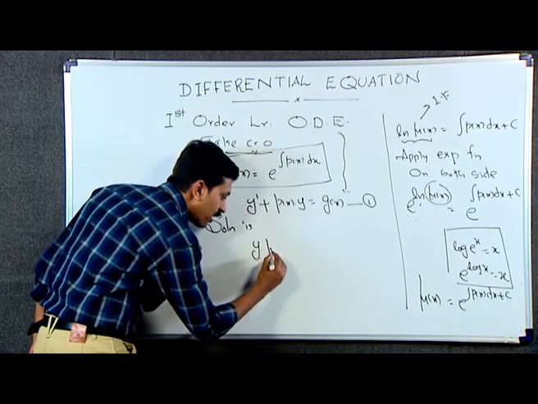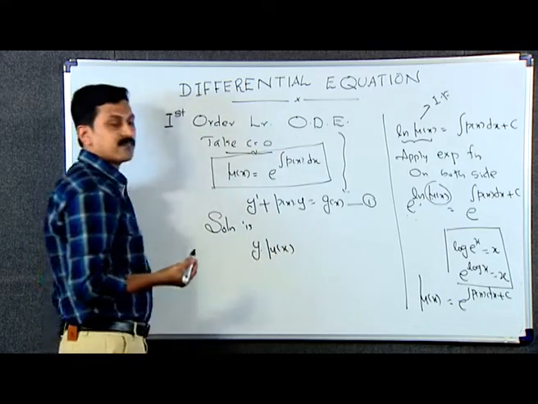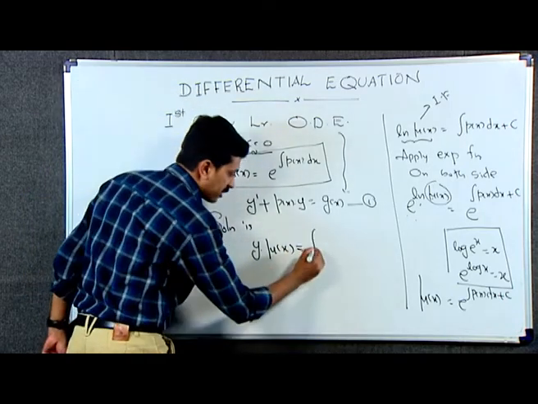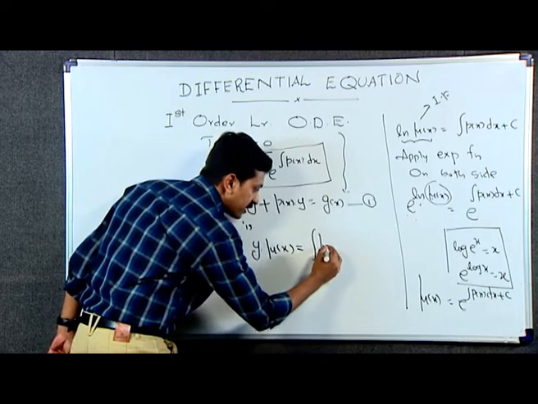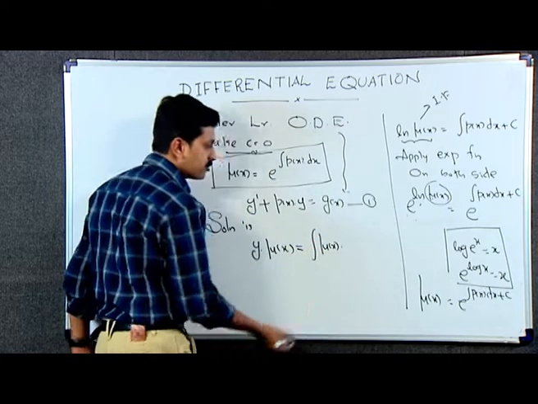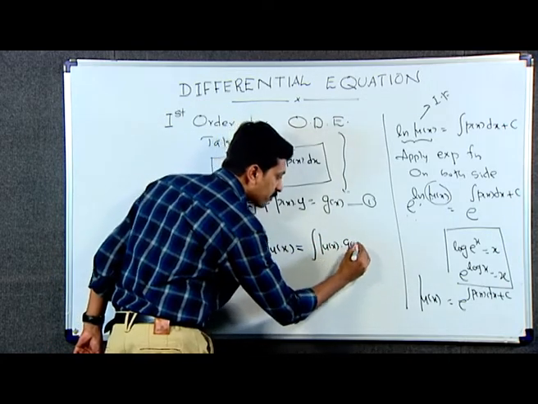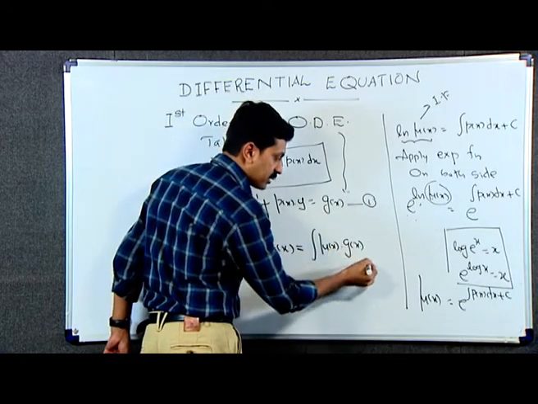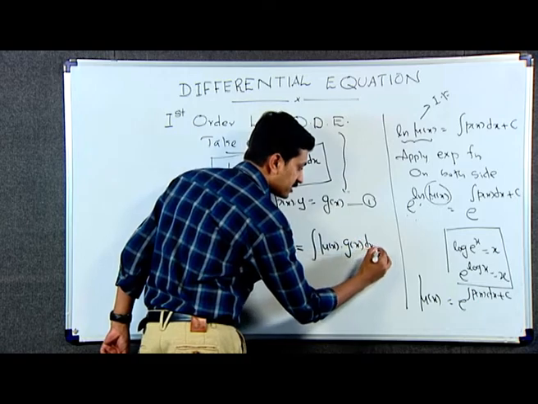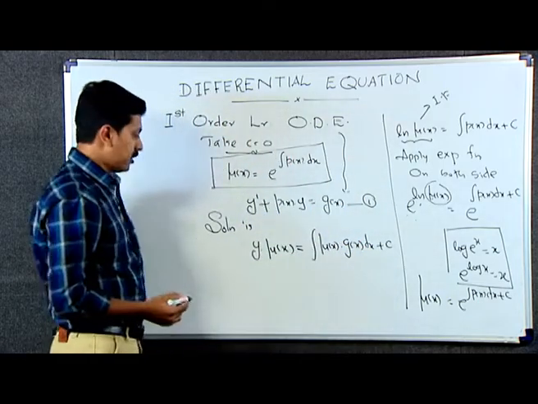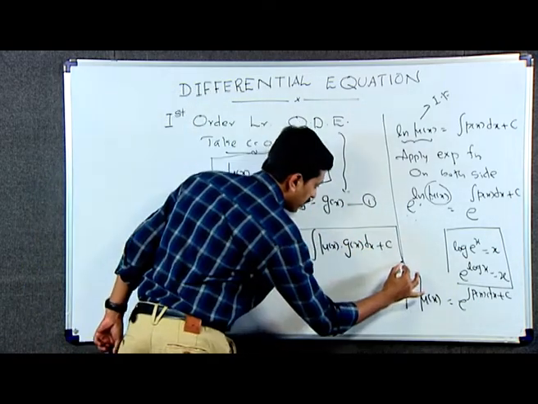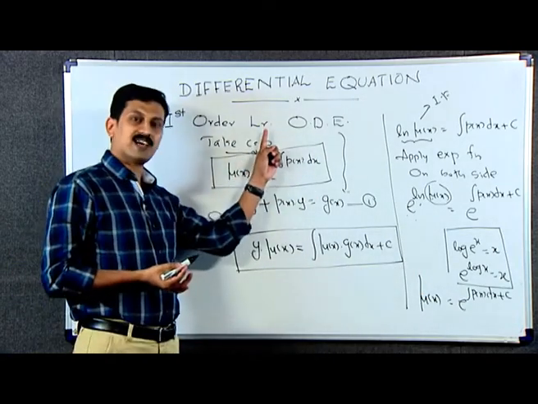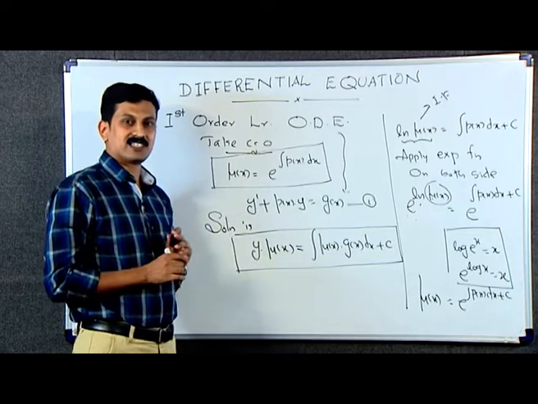And y into the integrating factor mu of x is equal to integral of mu of x, the integrating factor, into the non-homogeneous part of this equation, that is g of x dx plus c. By using this formula, we can solve the first order linear ordinary differential equation.